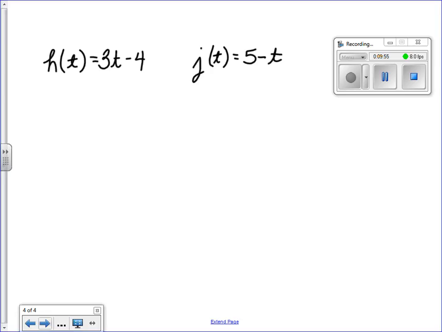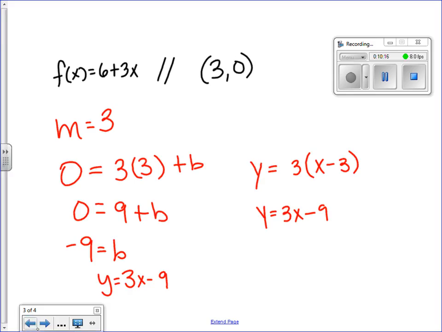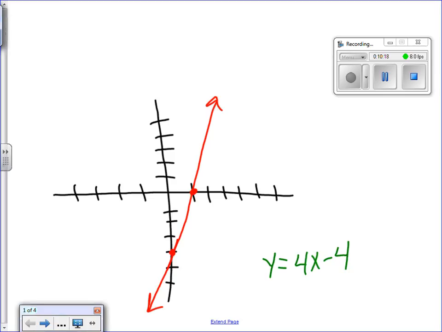Where do these intersect? How do you find out? You could graph. Have you seen my graph? Did you see this one? Yeah, I wouldn't do that.